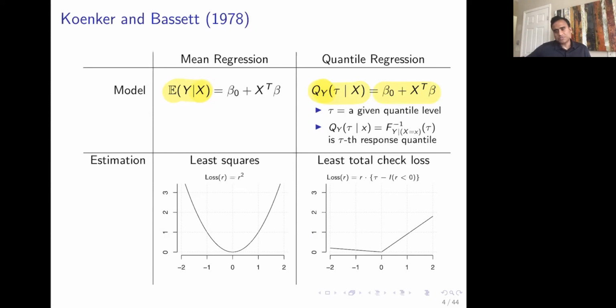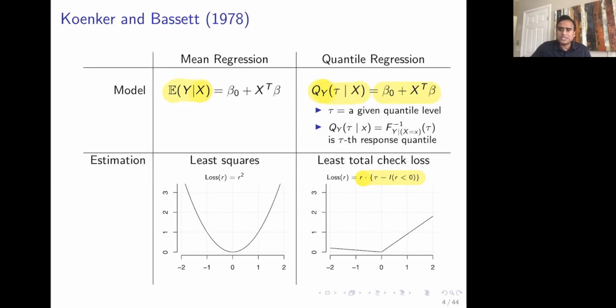The estimation proceeds much like least squares estimation, but you need to use a different loss function. And if you look at this, then you'd see that when you're interested in the median, which would take that tau to be 0.5, this is just the absolute deviation loss function. You can rewrite this as the absolute value of the residual.